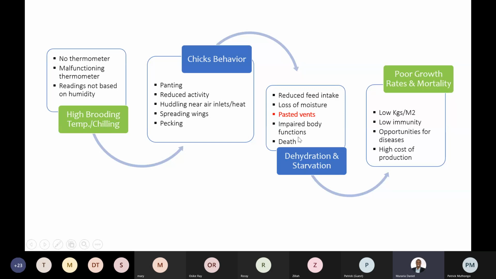When we have chicks which have not died, we're assuming we are still at the level of impaired body functions. Most of these chicks are either going to be dehydrated or starved because they're not feeding. So what are the outcomes of this? One, you're going to have poor growth rates in your birds.